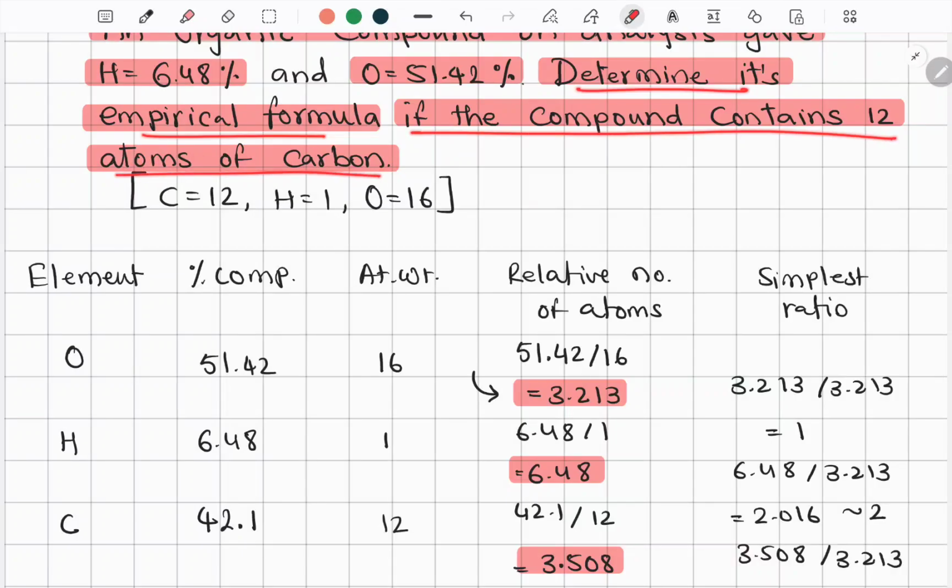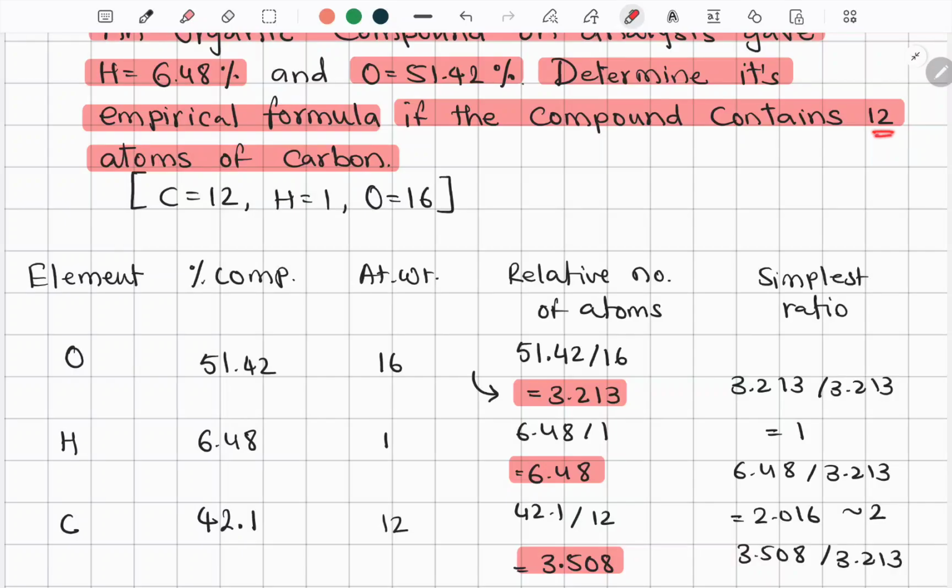In this type of question, you don't have to do a lot of R&D. You just multiply the given number by the empirical formula. So if the compound contains 6 atoms of carbon, you simply multiply the empirical formula by 6.